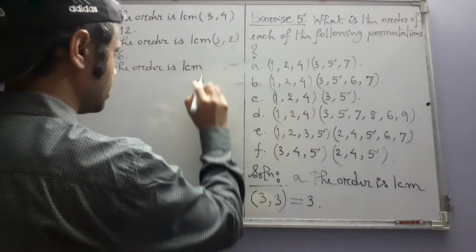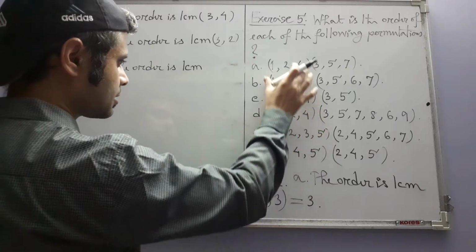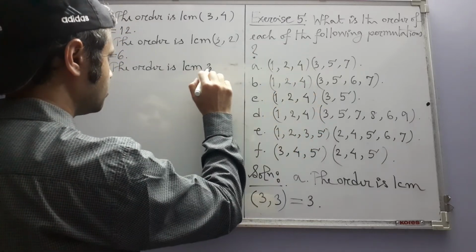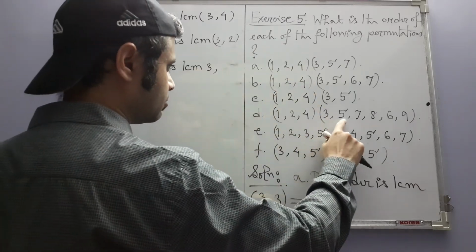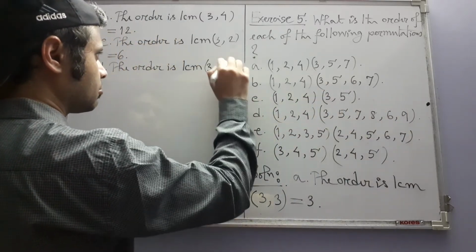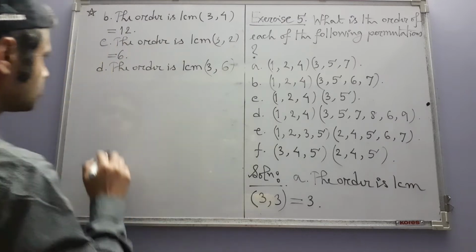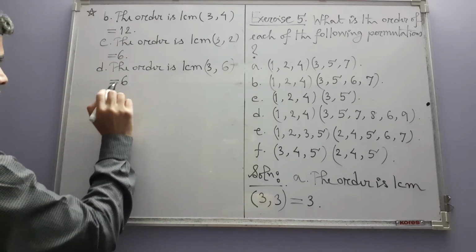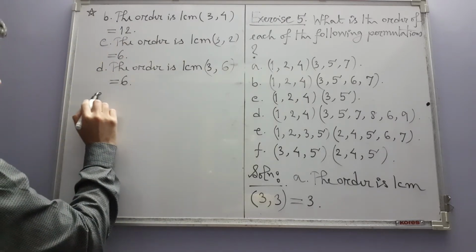This is a 3 cycle. This part is same as in the first 4, and this one is (3 5 7 8 6 9), a 6 cycle. So here the LCM is again 6.